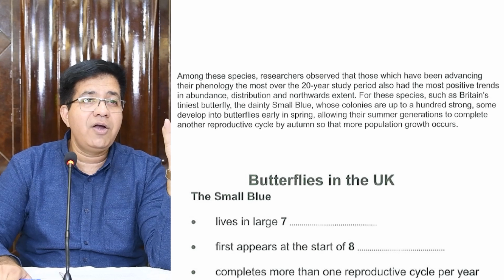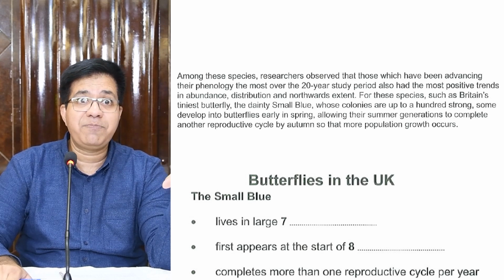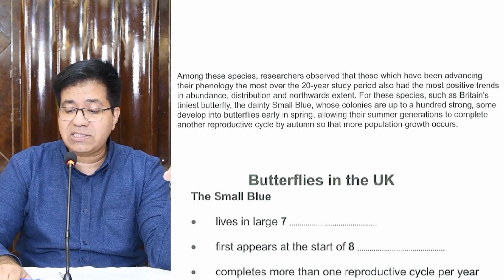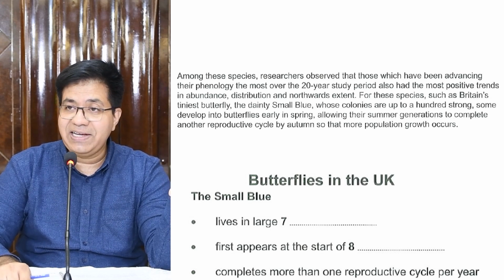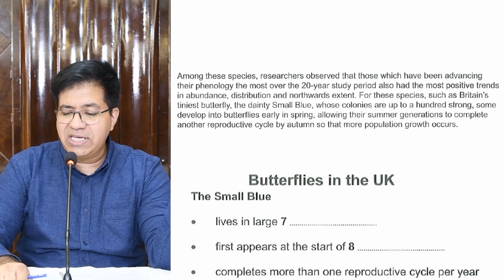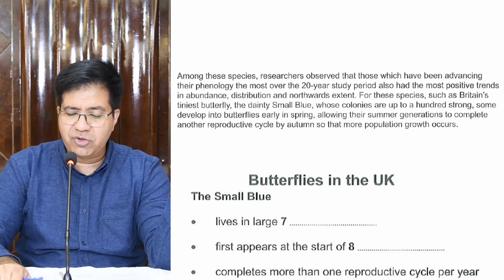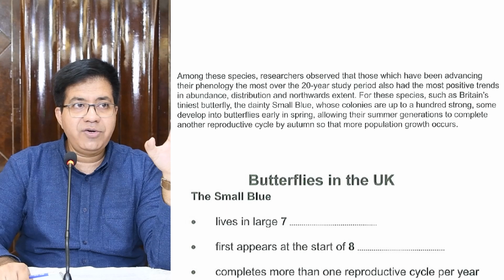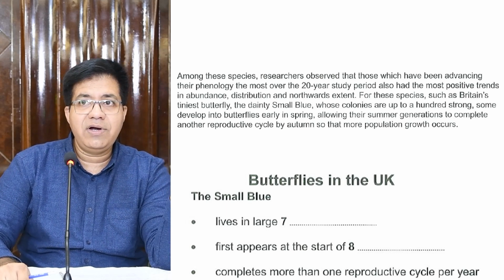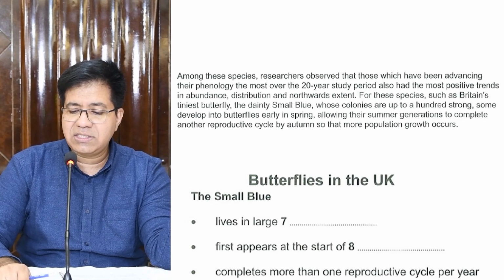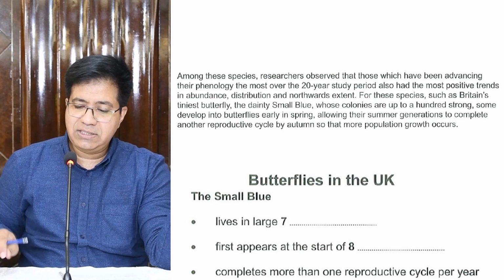What do they mean by 100 strong? Large, absolutely. 100 strong is large. What is the answer? Colonies. Technical question. Whose colonies are up to 100 strong? So up to 100 strong means colonies are up to 100. Okay, and 100 is large. So correct answer is colonies.